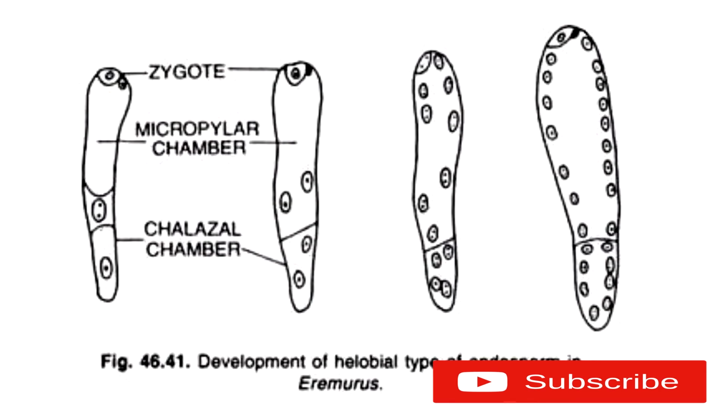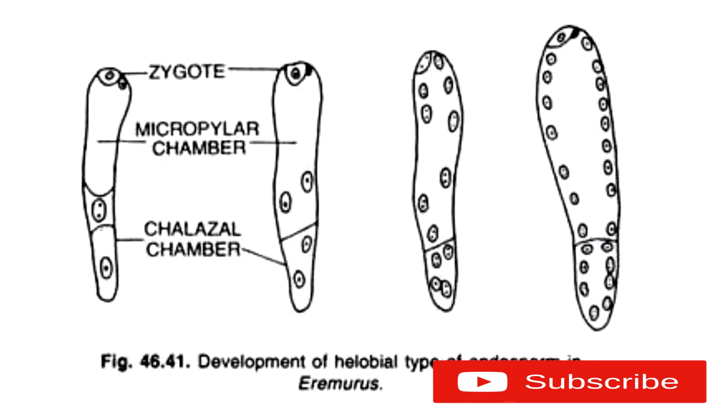So you can see the development of helobial type of endosperm in this case. In the embryo sac, the egg apparatus has the zygote and the secondary polar nucleus. This secondary polar nucleus fuses with the male gamete, forming the triploid endosperm nucleus, or PEN, which stands for the primary endosperm nucleus.